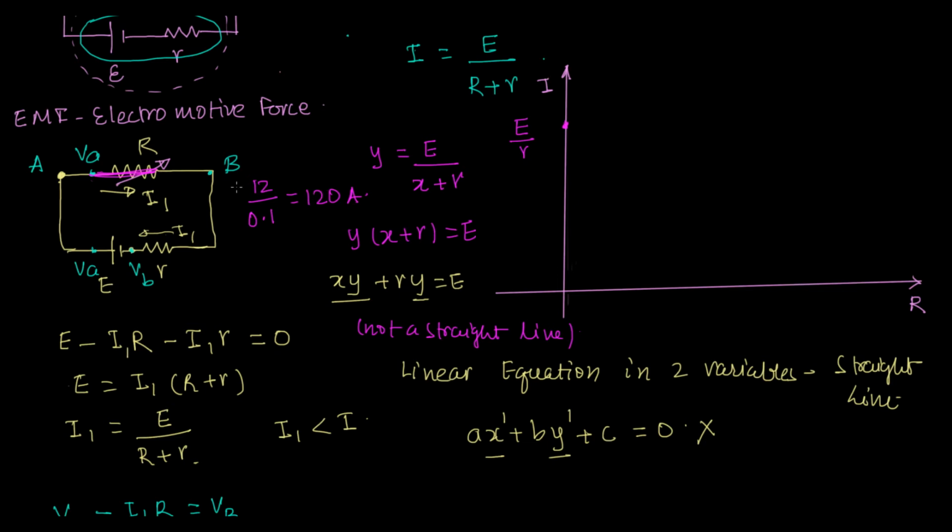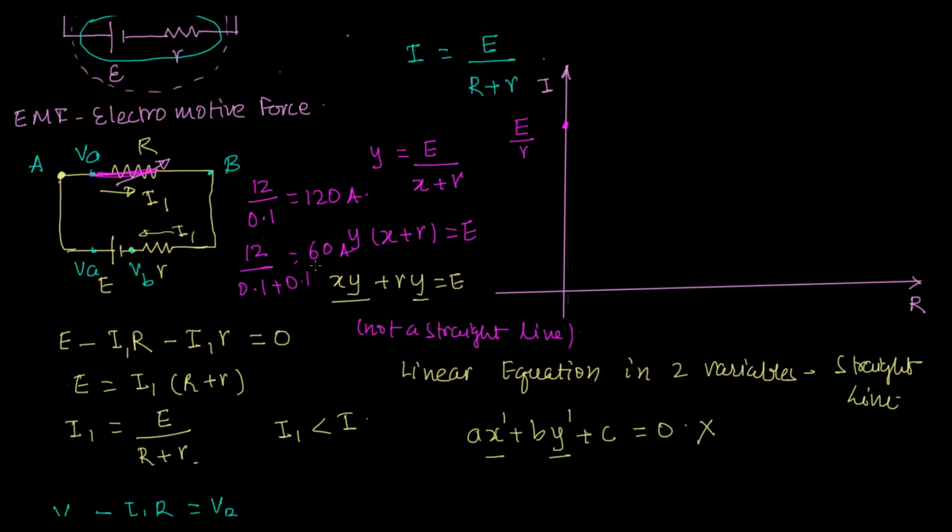Or say the copper strip by which you have shorted it is itself of a resistance 0.1. So it becomes 12 upon 0.1 plus 0.1. That makes it 12 upon 0.2, 60 amperes, right?